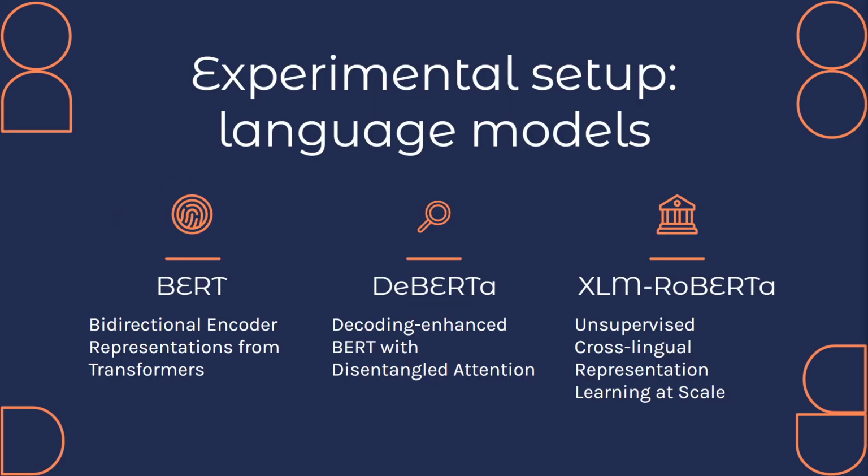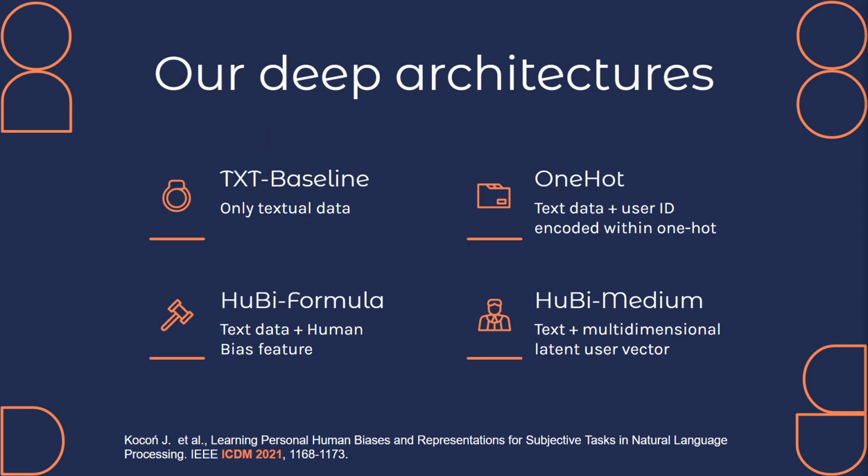For our experiments, we used state-of-the-art language models that provide very precise text representations for single language as well as cross-lingual text representations. We tried 4 different model architectures. The first one, as our baseline, was looking only at the text representation.